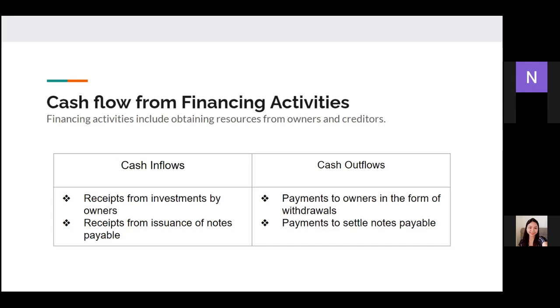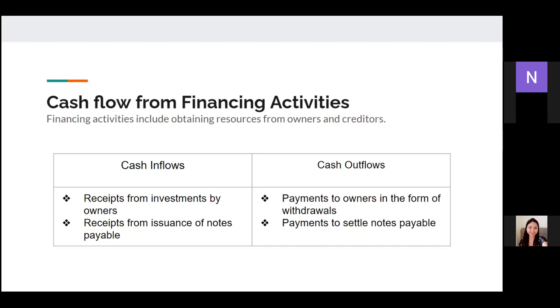Aside from that, mga nakalagay dyan is meron pa po issuing bonds, sale of treasury stock, loan from a financial institution, and then cash from new stock issued. So, pag nakita natin yung mga item na yon, malalaman na natin na positive, cash inflow ito. So, positive siya, i-add natin siya.